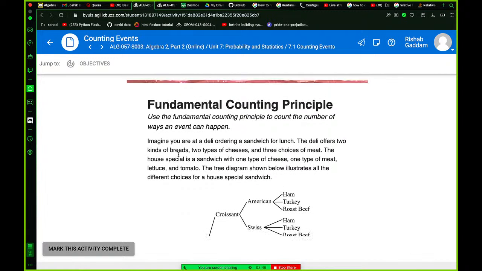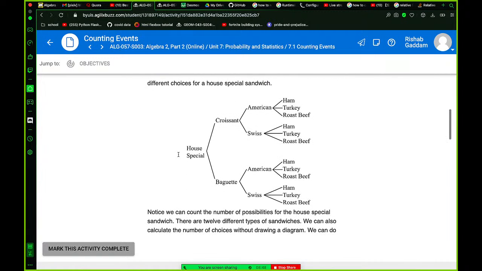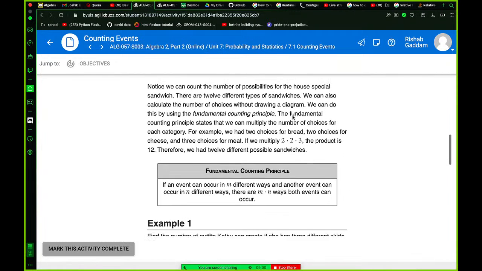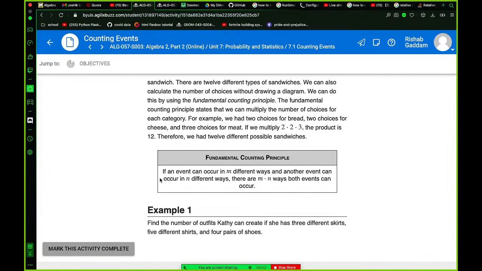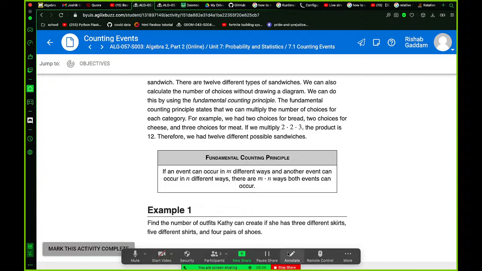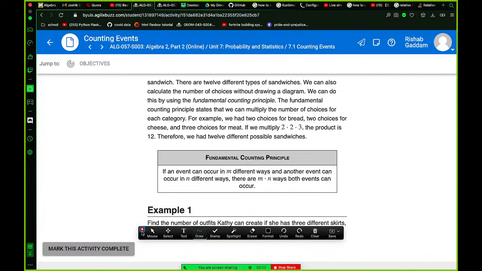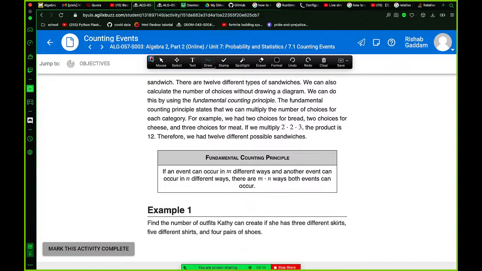So the fundamental counting principle. It's where you can draw a diagram, or you don't even have to do that, and you just count all the stuff that you get. So yeah, it's super simple. Okay, so this is the fundamental counting principle. If an event can occur in m different ways, and another event can occur in n different ways, there are m times n ways both events can occur.